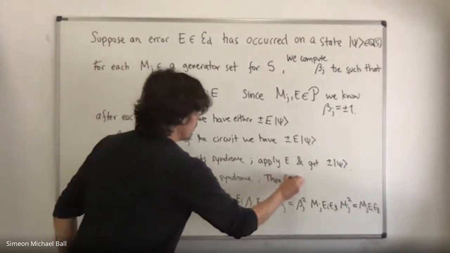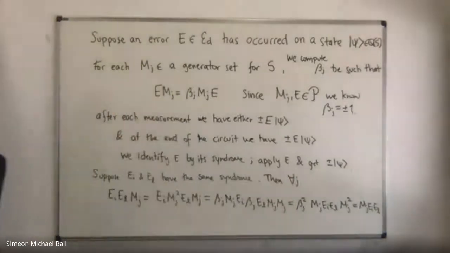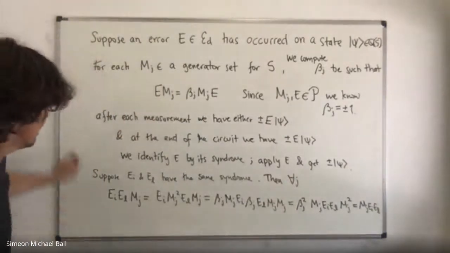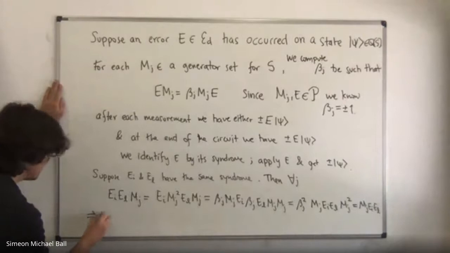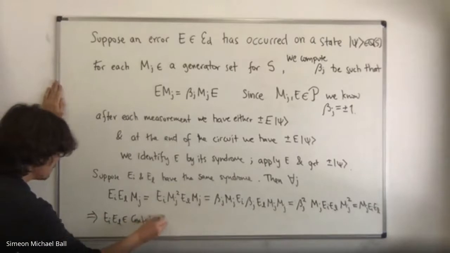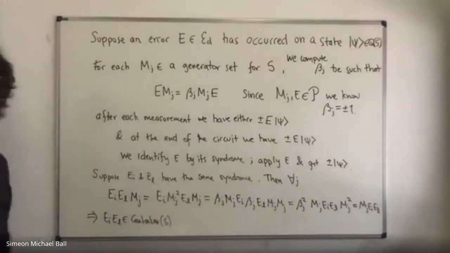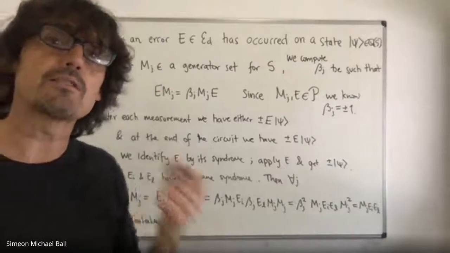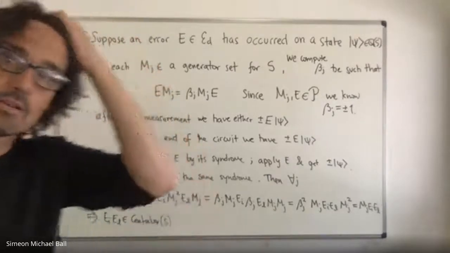Then for all j, since they have the same syndrome, they commute. Well, that means E_i E_l is in the centralizer. So you see the centralizers are the bad boys. So now you see why.